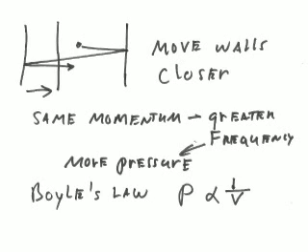Moving the walls closer together makes the container smaller, but it makes the pressure go up. So the relationship between pressure and volume is a reciprocal relationship. The pressure depends on the reciprocal of the change in the volume. If the volume gets small, the pressure gets large. If the volume gets large, the pressure gets smaller. And that is Boyle's law.